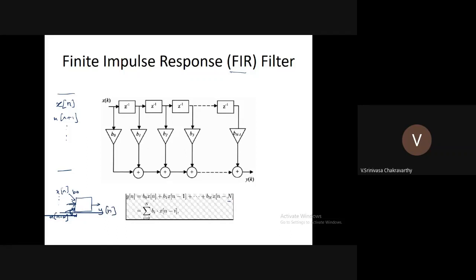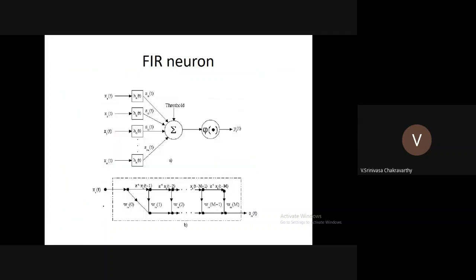Now you can see immediately that this looks like a neuron, right? Because a bunch of input variables pass through some weights, and then combine, and all this together produces an output. That looks a lot like a simple artificial neuron. So that is the recognition behind formulating a neuron model as an FIR filter.